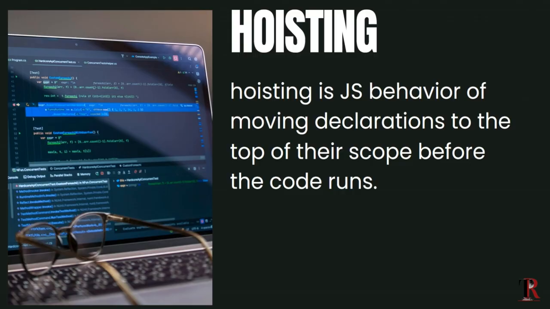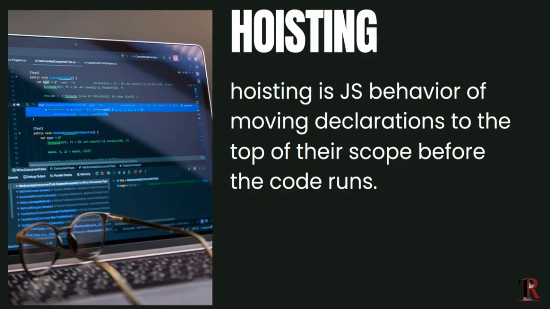And what are the declarations in this instance? We are talking about when you have variables, when you have functions, or have variables in functions, and some other things like that. So hoisting is what allows JavaScript to behave by moving declarations to the top of their scope before the code runs, because JavaScript executes from top to bottom when you have a program or code in it.